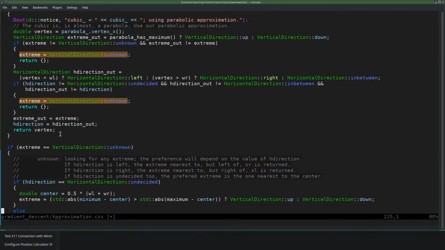So the only thing that's missing is, in some cases I want to set H direction even though I return unknown for the extreme. Tough.